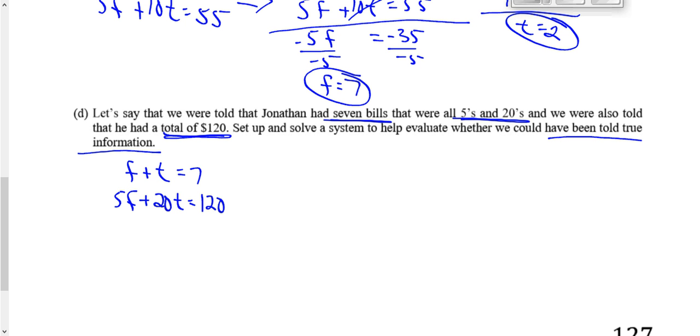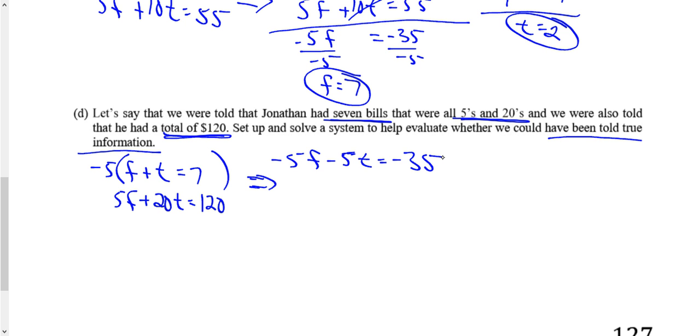Okay. Well, let's see. Did we get rid of the 5s or the F's or the T's first? The T's? Okay, whatever. So what'd you do? I multiplied the top one by -5. Yeah, okay. You should have got -5F minus 5T equals -35. Maybe some of you forgot to multiply all the way through.